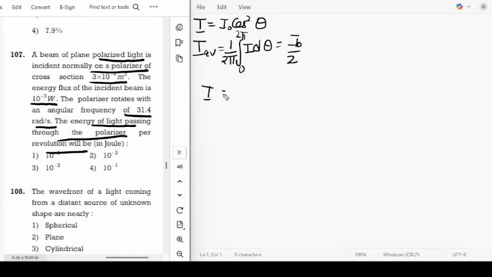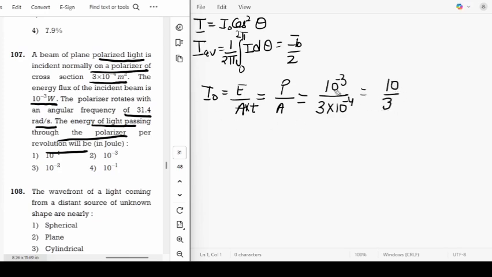I naught is equal to energy per unit area, that is power per unit area. Power given in the question is 10^-3 watt and area has value 3 × 10^-4. Solving this we get I naught value is 10 by 3.